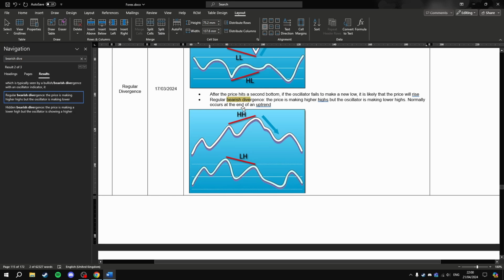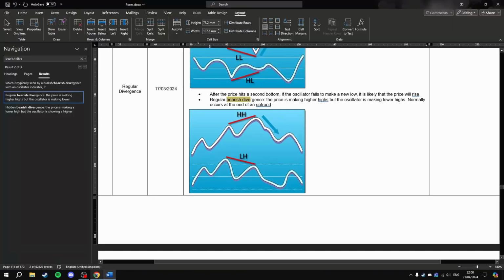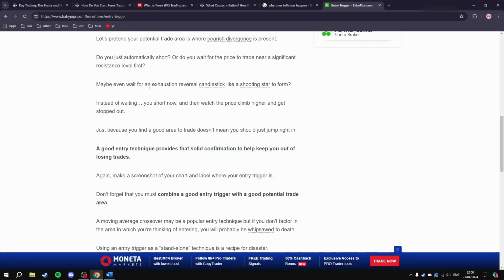It normally occurs at the end of an uptrend. So that means after a bearish divergence, the price looks like it's going to go down. So do you just automatically short, or do you wait for the price to trade near a significant resistance level first? Or maybe even wait for an exhaustion reversal candlestick like a shooting star to form.